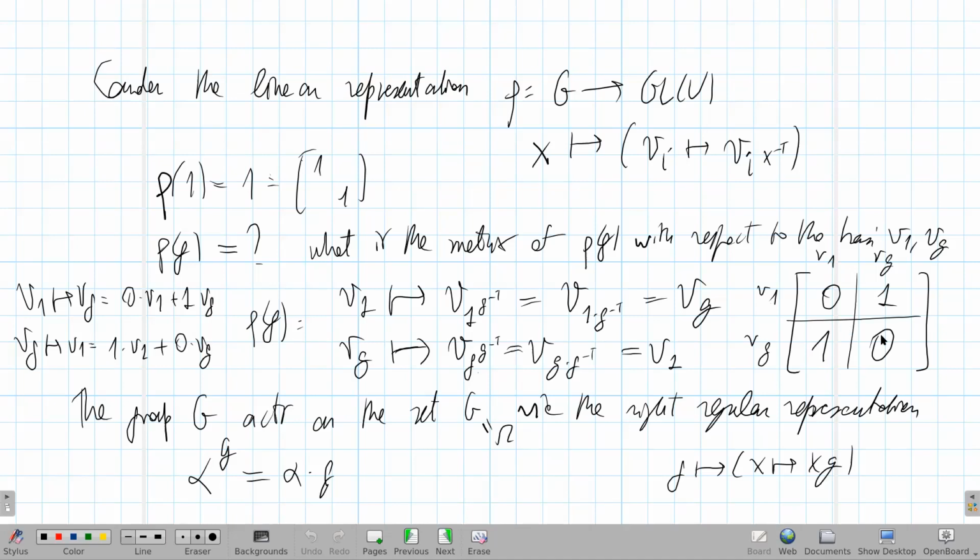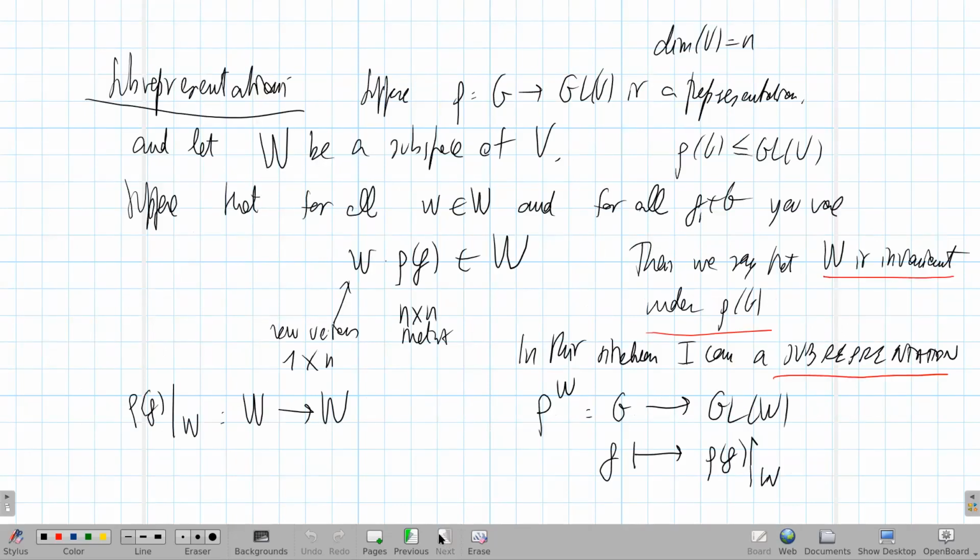Okay, and this has to do with the eigenvector decomposition of this matrix. But this will be the subject of tomorrow's lecture. That's all for today. Thanks for the attention, and see you tomorrow.